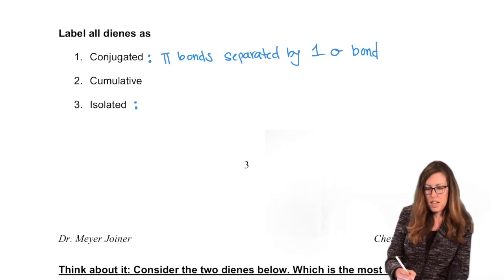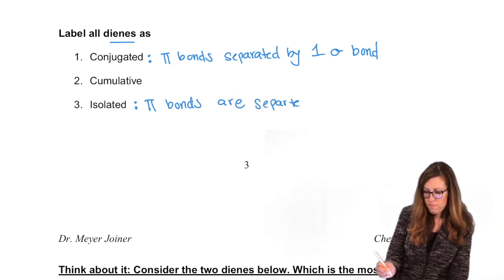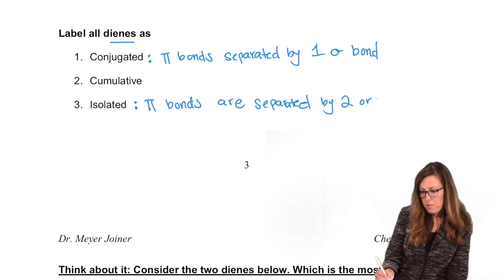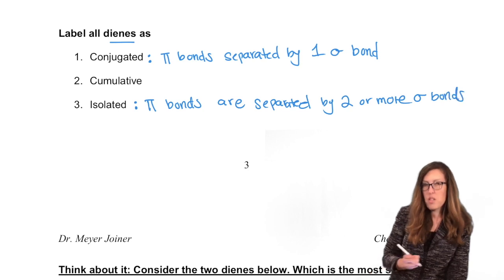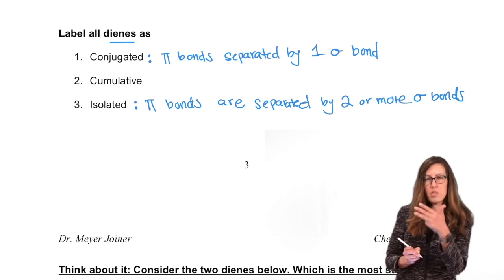An isolated diene would mean that the 2 pi bonds are separated by 2 or more sigma bonds. So in other words, you have to have the double, single, double pattern for it to be conjugated. If you have double, single, single, double, it's not conjugated.